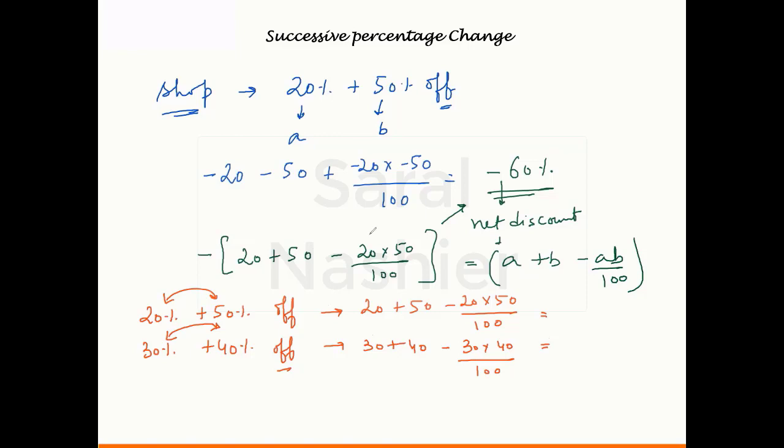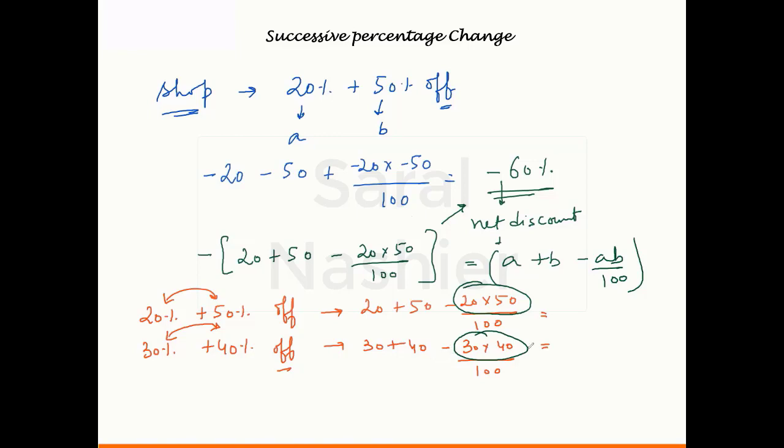We'll be doing it in detail in algebra as well: if the sum of the numbers is constant, their product is largest when they are closest to each other, and smallest when they are farthest from each other. So out of 20 into 50 and 30 into 40, whichever is larger would give me a smaller discount, because they are with a negative sign.